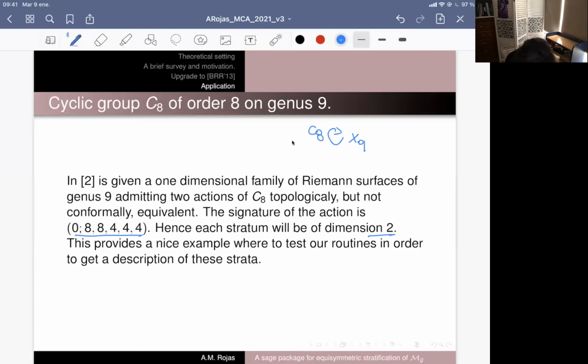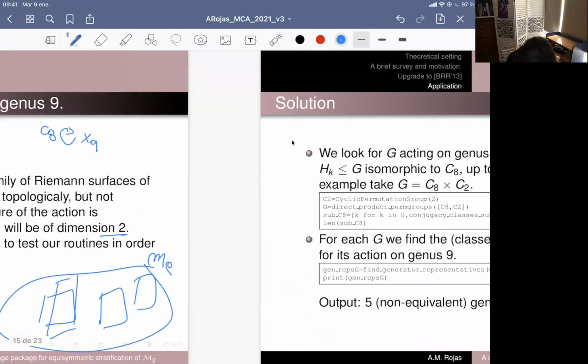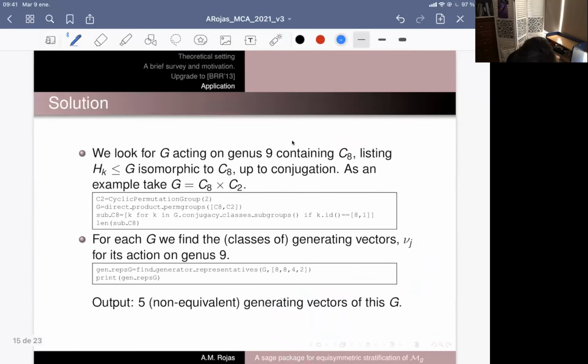And we want to study how these strata fit inside M9. Perhaps they intersect and so on. For that, we need to ask first for all the groups containing CH, the cyclic group of order H, such that the action restricts as we want.